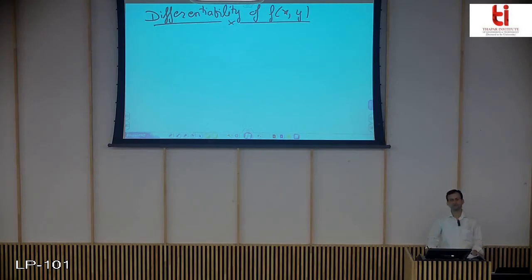So before going to chain rule, here are some things related to differentiability, because we did limits and continuity for functions of two variables. Now we are here just in brief looking at some main points of differentiability of f(x,y).